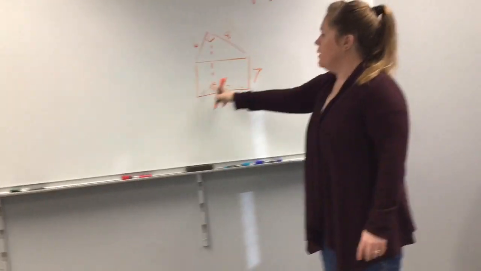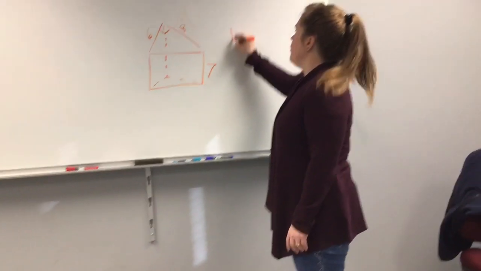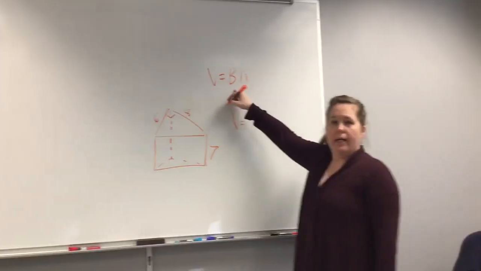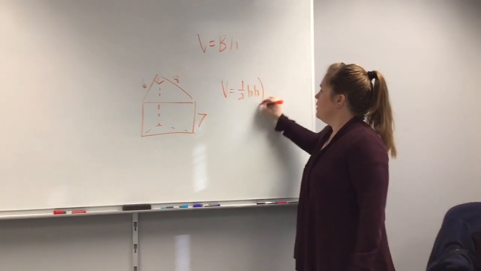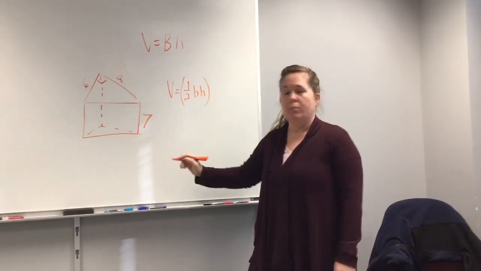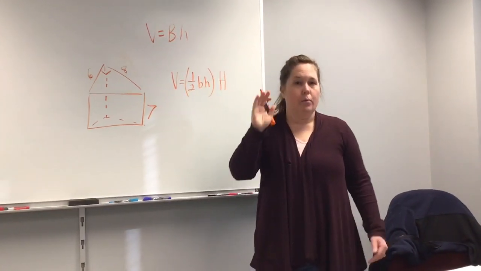Okay, so obviously the shape of the base is a triangle. So for our volume, we're going to use the area of a triangle, which is 1/2 base times height. So that's just for the bottom shape. And then we're going to multiply it times the height of the whole prism.